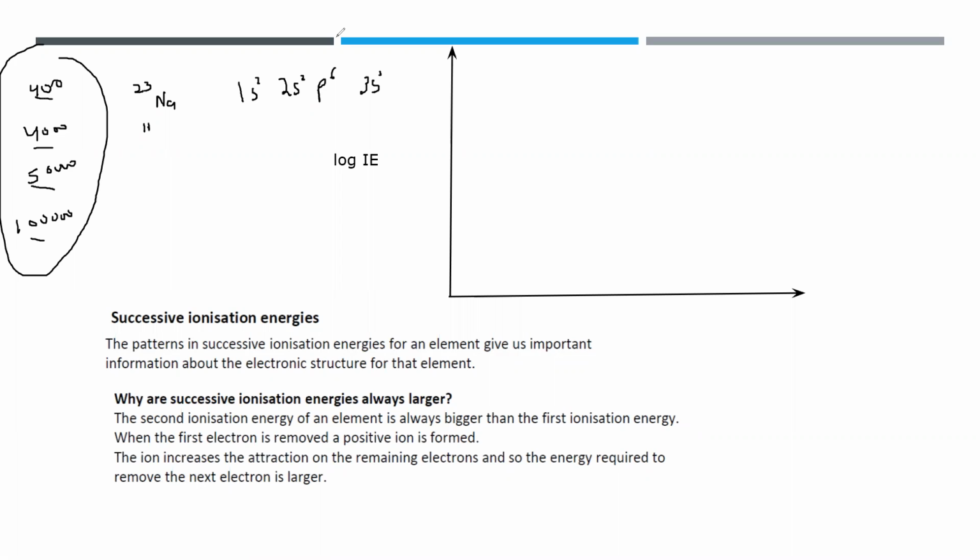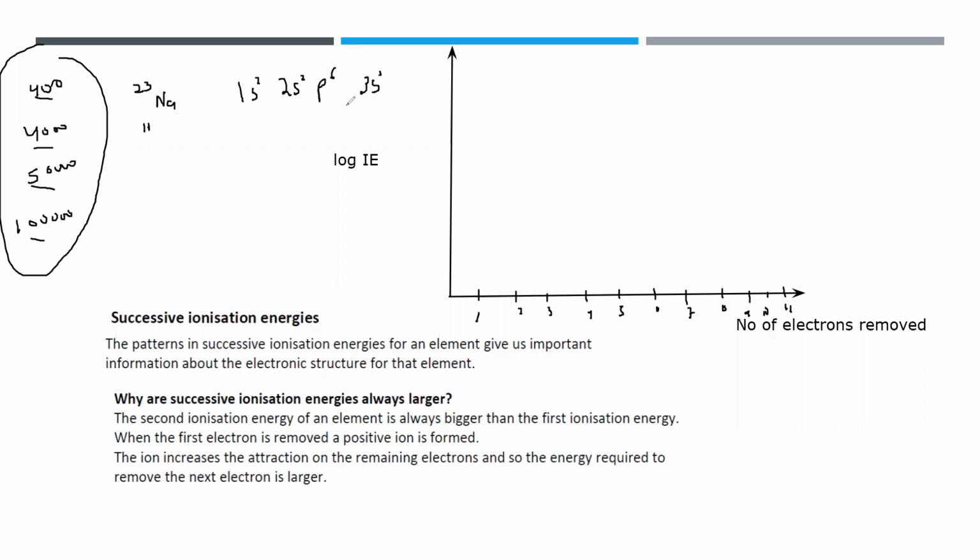So if we plot the result for logarithm, the purpose of taking a log is to reduce the value. If you plot a graph for logarithm and number of electrons removed, because there are 11 electrons, we should remove 11: 1, 2, 3, 4, 5, 6, 7, 8, 9, 10, and 11.